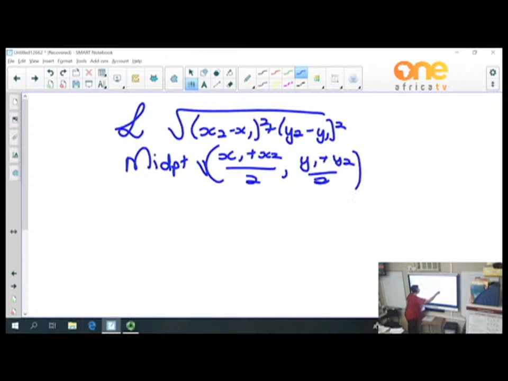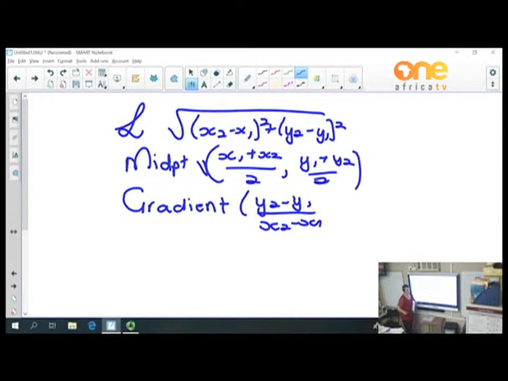So finding the midpoint. And you will see how we're going to use this now in the next questions today. The gradient then, y2 minus y1 over x2 minus x1, or delta y over delta x. And then we're looking at parallel lines and perpendicular lines.